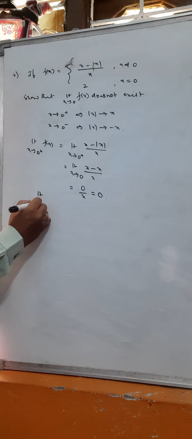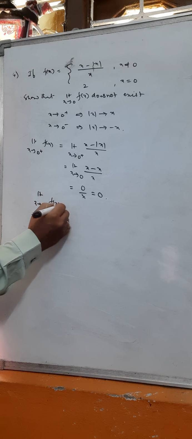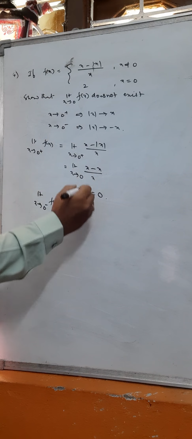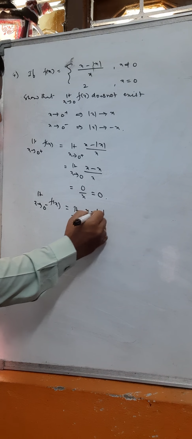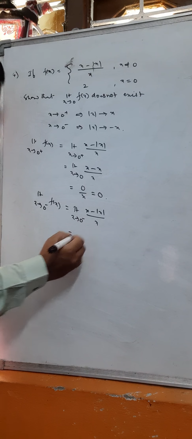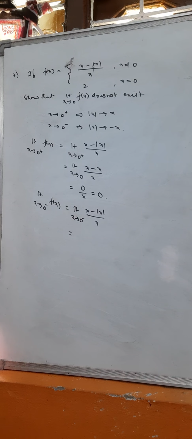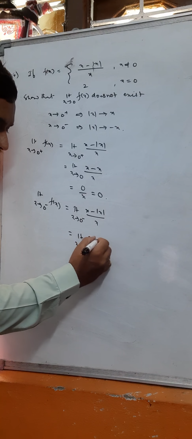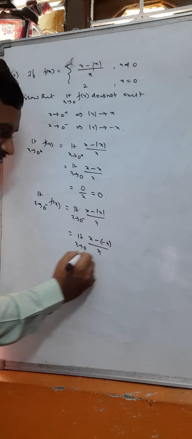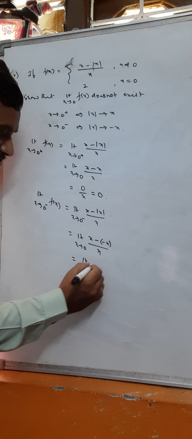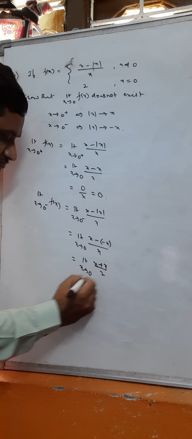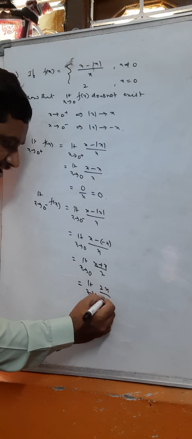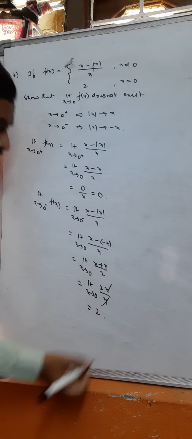Next, limit x tends to 0 minus f of x, that is equal to limit x tends to 0 of x minus mod x by x. For 0 minus, mod x equals minus x. So limit x tends to 0 of x minus of minus x by x, so we get x plus x by x, which is 2x by x, x gets cancelled, that is equal to 2.